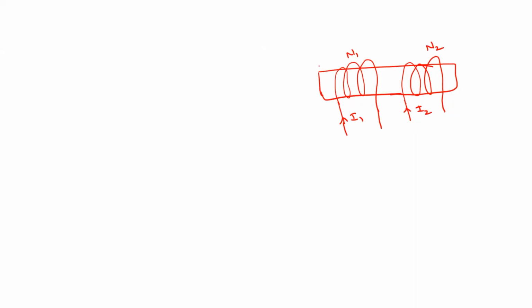Its reluctance is S1 equals L1 by mu naught mu R1 A1, and the reluctance of the second is L2 by mu naught mu R2 A2.